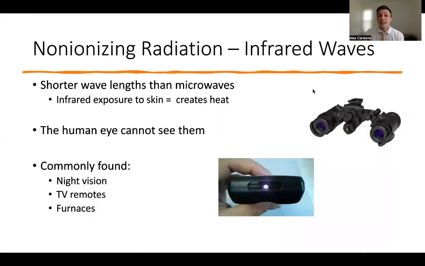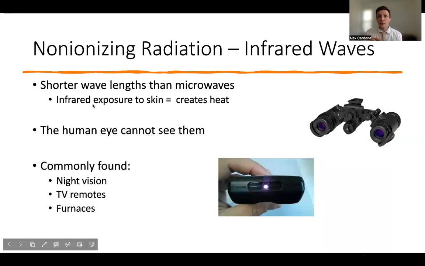Continuing on is infrared waves, which again have shorter wavelengths than microwaves. Infrared exposure to skin creates heat. If we're exposed to infrared, our skin naturally interprets that interaction as heat, and it can actually heat ourselves up.